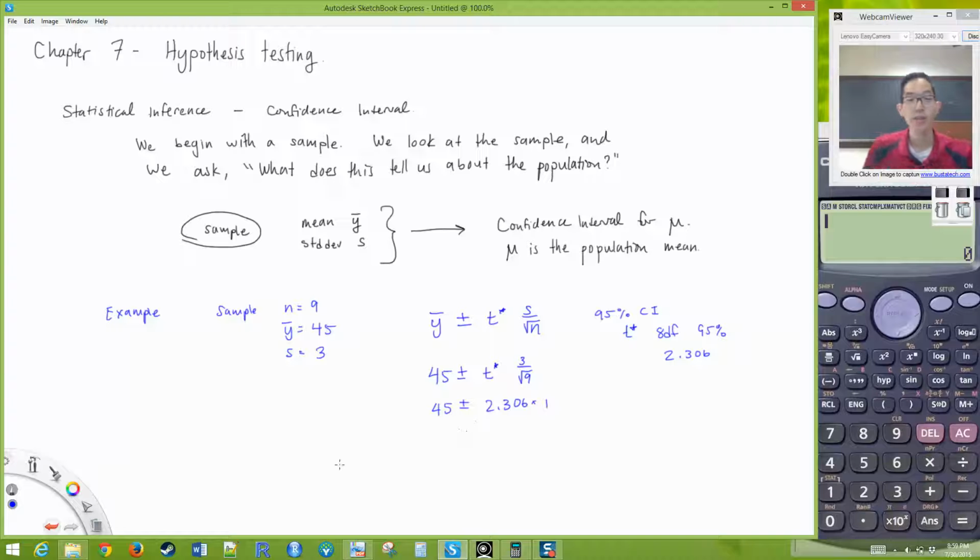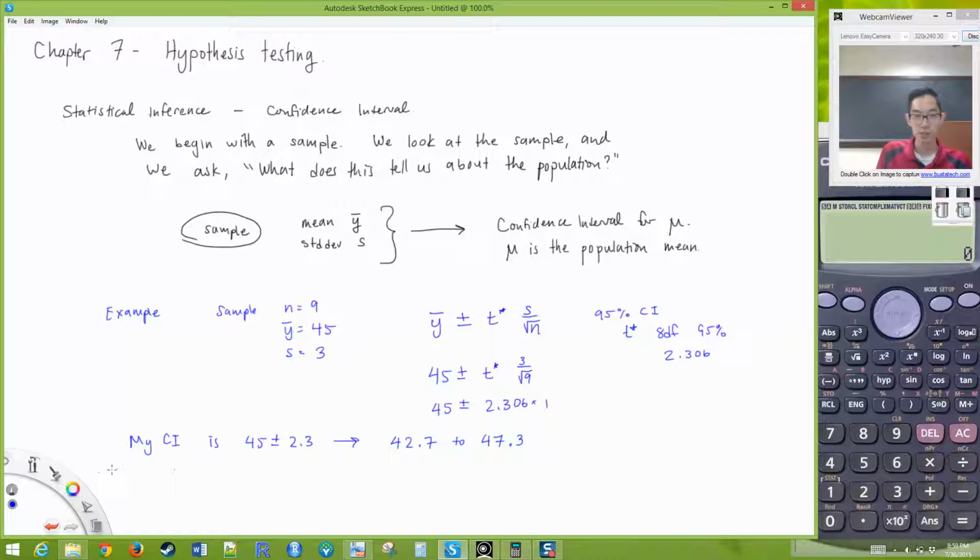And so I get a confidence interval that is essentially 45 plus or minus, I can just round off to 2.3, and so I go from 42.7 to 47.3, whatever my sample population mean is.